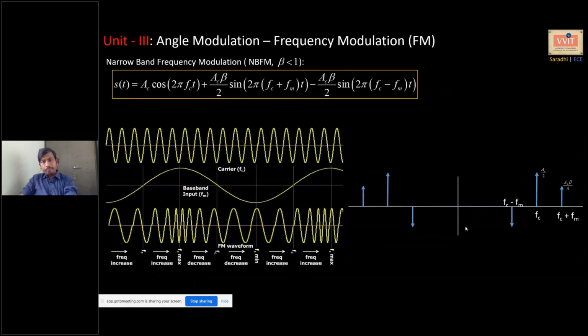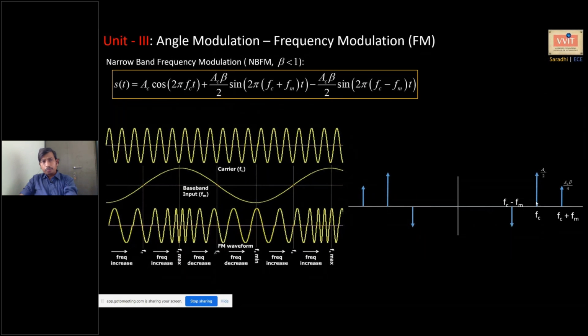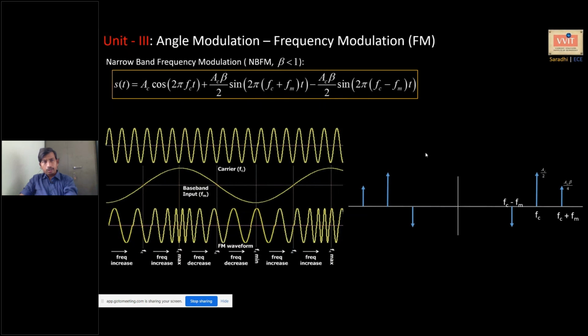Now look at the spectrum. We got three terms, so the spectrum has three impulses corresponding to these three sinusoidal signals. The carrier amplitude is Ac, so we get an impulse of amplitude Ac by 2.